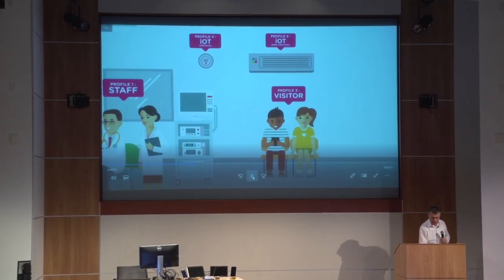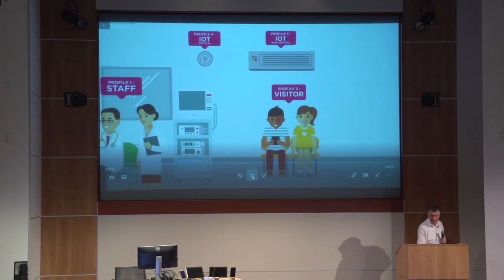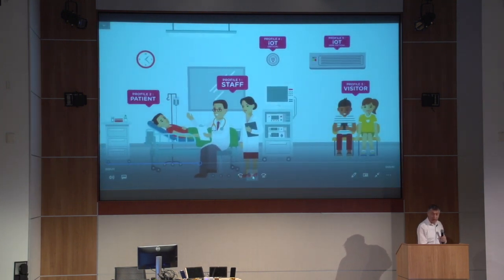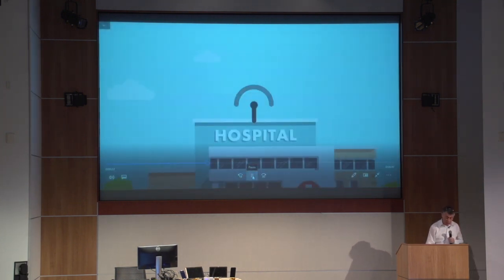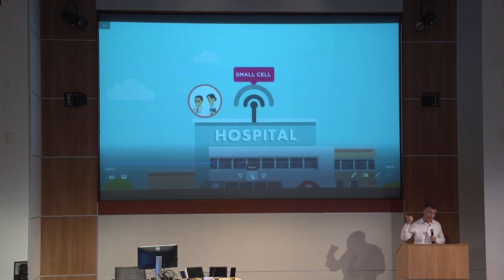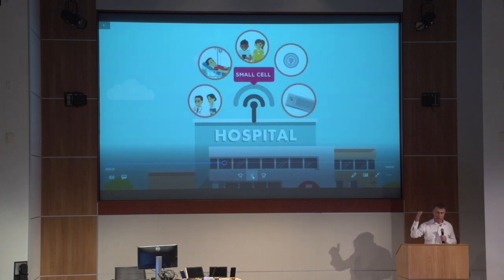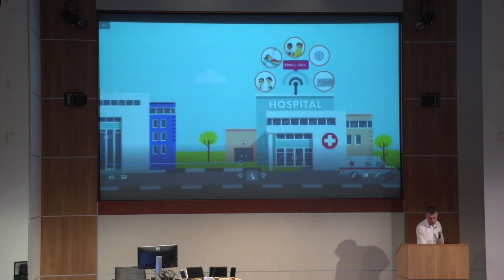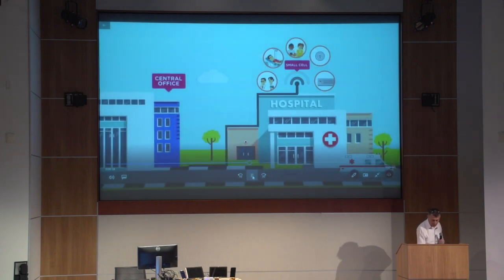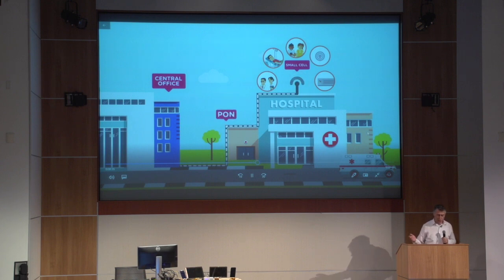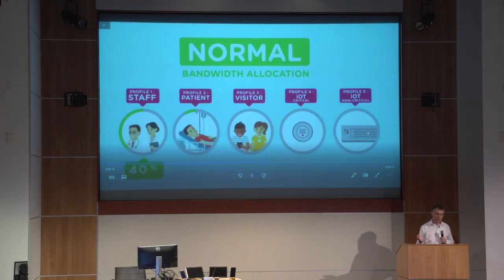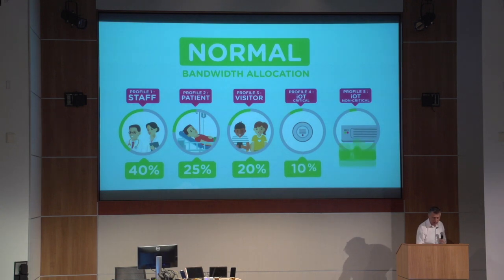There we can also create a slice for non-critical IoT, like air conditioning controls. So all these profiles are getting different types of service on the same small cell or the macro cell installed on the hospital campus. And that, of course, device is connected to the central core over the PON network.